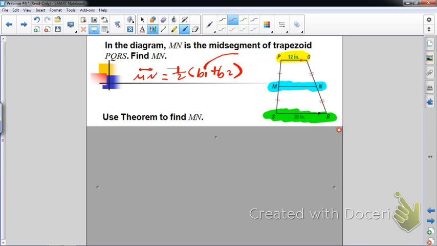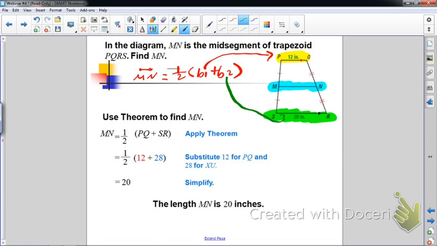Base 1 is this one here, base 2 will be this one here. So I'm going to substitute. Here I put it as PQ and SR. That's the theorem that we're going to apply. I use the substitution method to substitute what I know for SR and for line segment PQ. And MN is the line segment that I've been talking about. That's what I want to know.